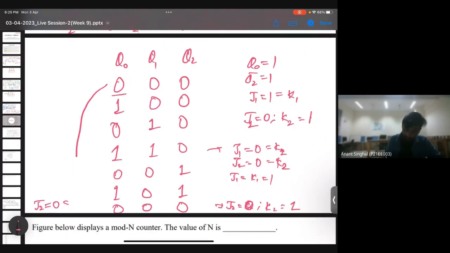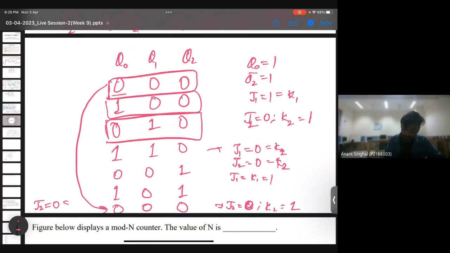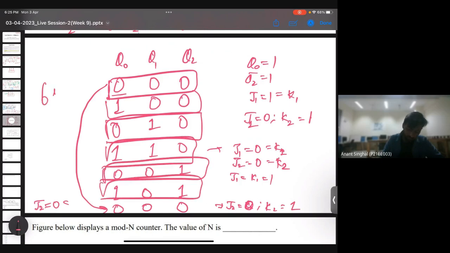So we have reached back to the initial state. So there are 1, 2, 3, 4, 5, and 6 used states. Is it fine? Any doubts in this?